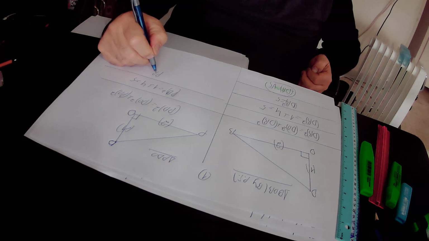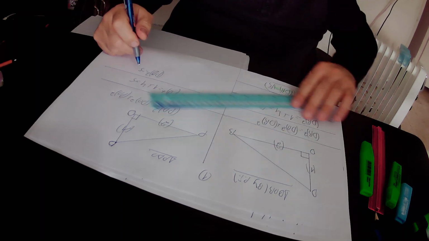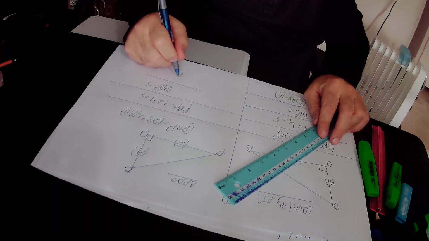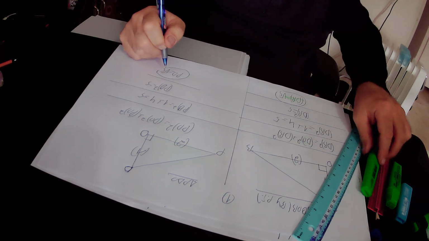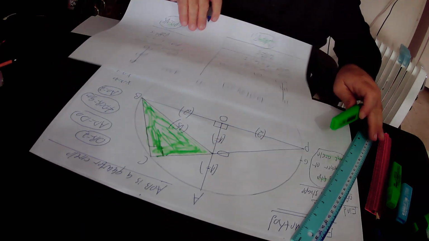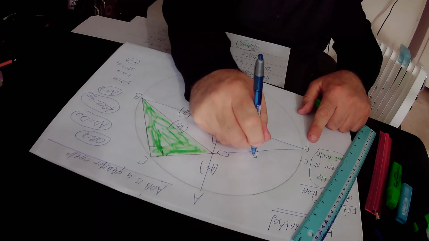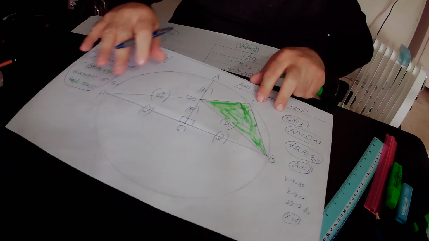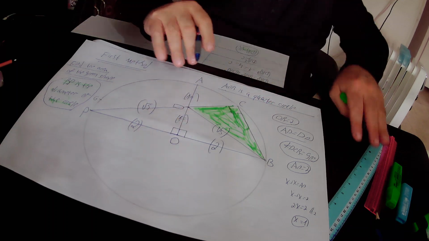We take the root of this equation and finally get that PD equals the square root of 5 units in its length. In the next step, we'll extend the radius AO by a straight line until it touches the circle.